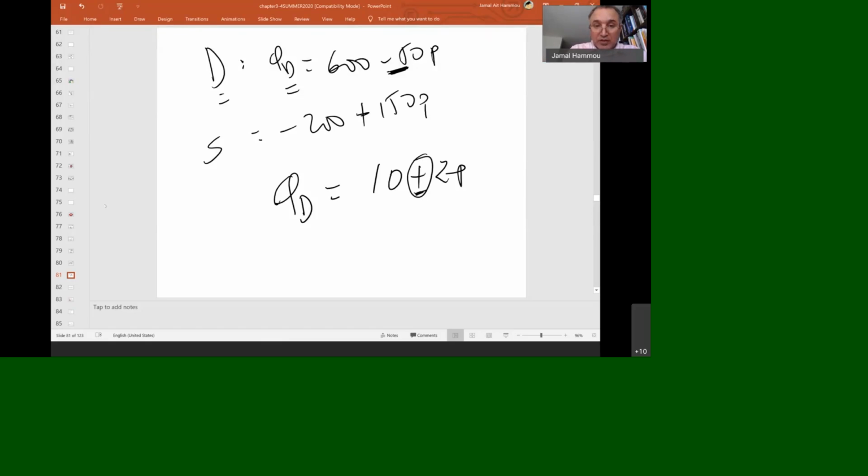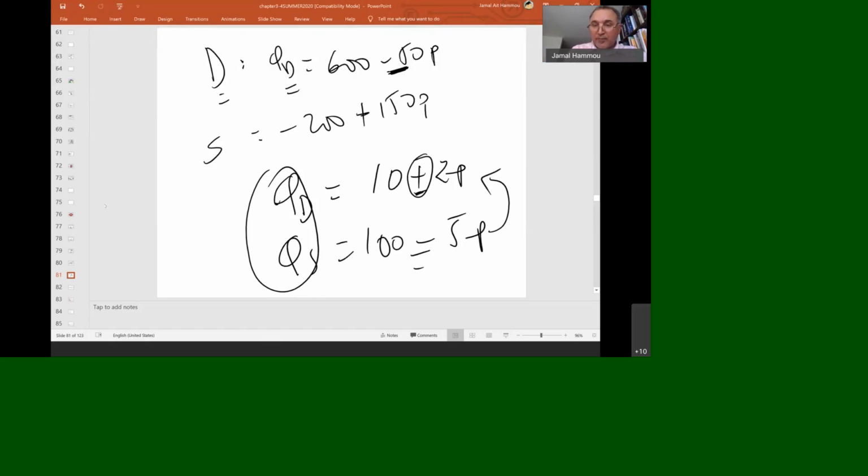The same thing for the supply. You cannot have QS equals 100 minus 5p. If you have a situation like this, it means you just made a mistake, you flipped them. The law of demand says we have a negative relationship, meaning the slope of the line has to be negative. And the law of supply is a positive relationship, so it has to be a positive number.